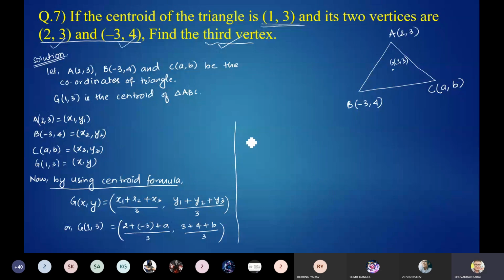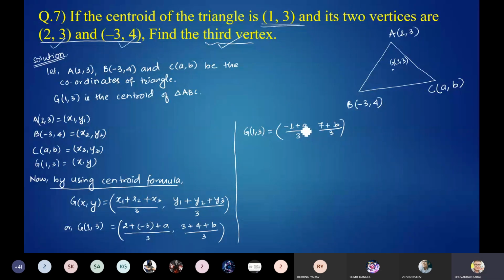So G (1, 3) will be equal to 2 minus 3, that will be minus 1. Let me write it directly: (minus 1 plus a) by 3, 3 plus 4 is 7, (7 plus b) by 3.